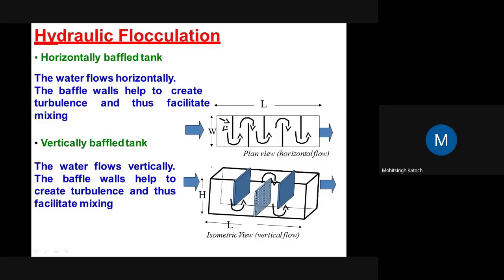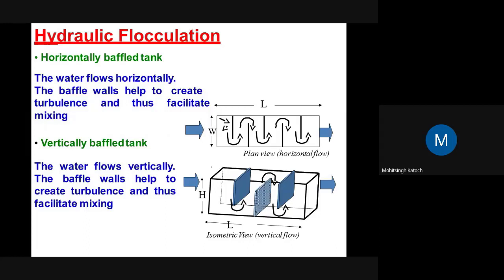We can see how water is changing the direction from left to right, and this turbulence helps in mixing of coagulants. In vertically baffled tanks, we are seeing an isometric view, and we can see that the water is flowing in a vertical direction.